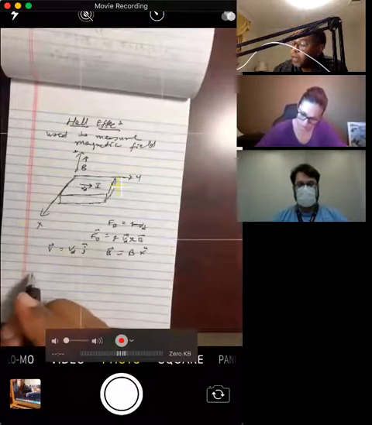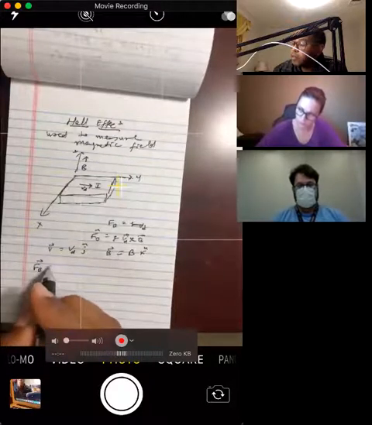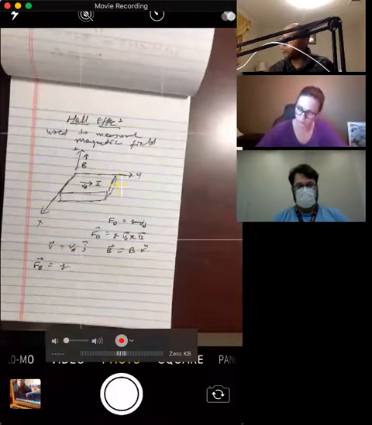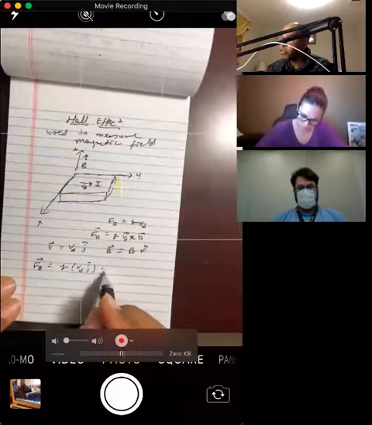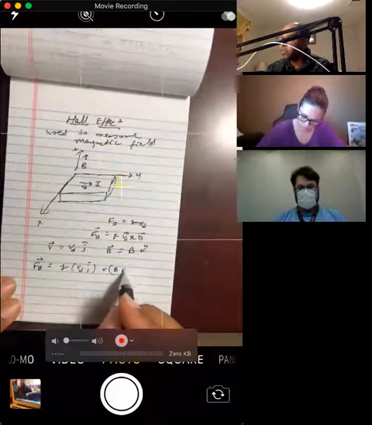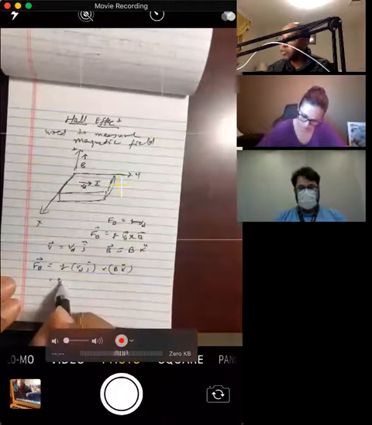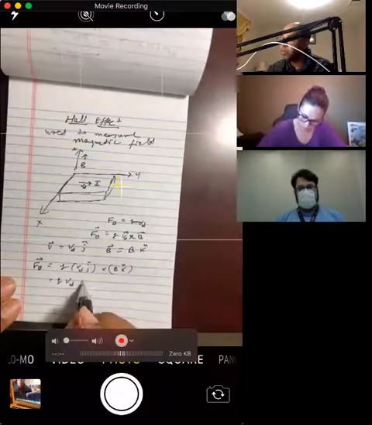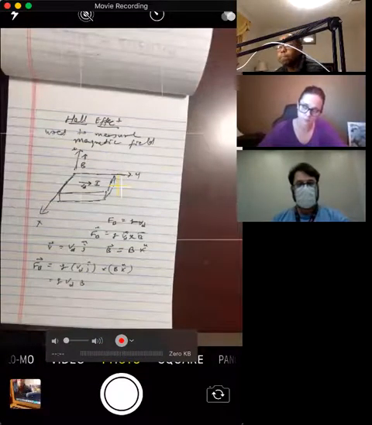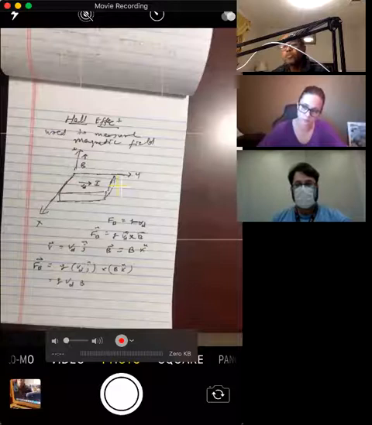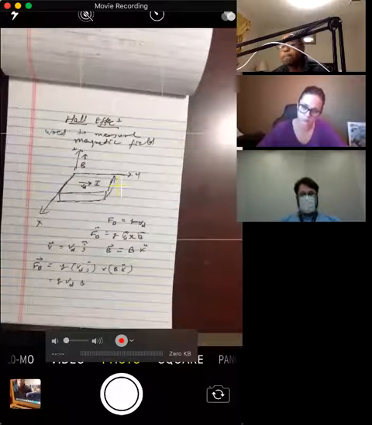So what's the force acting on this one? It's q, which is simply positive, and then v_d in the j direction crossed with B in the k direction. So you get q times drift velocity times B. What is j cross k? i. i, very good.